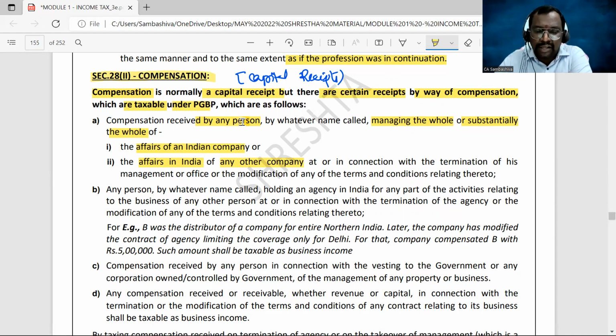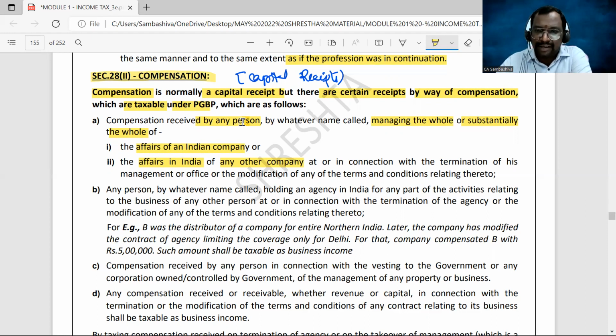Assume that the management is not satisfied with your services, right? So then what the management did is it has terminated the contract, right? So by paying you certain compensation within the first year itself, they are not satisfied at all with your services, right? And they are not satisfied at all with your management skills, right?